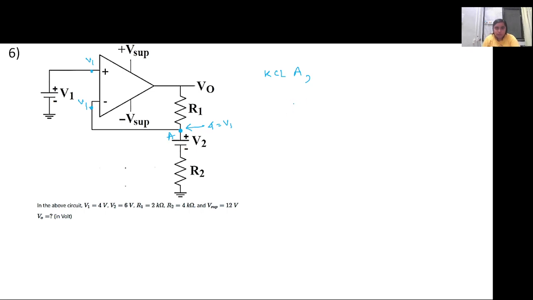For now I'll just write it in terms of V1. So (V naught minus V1) by R1, which is the current here, will be equal to (V1 minus V2) by R2, and this is 0 by R2. So please quickly calculate V naught.